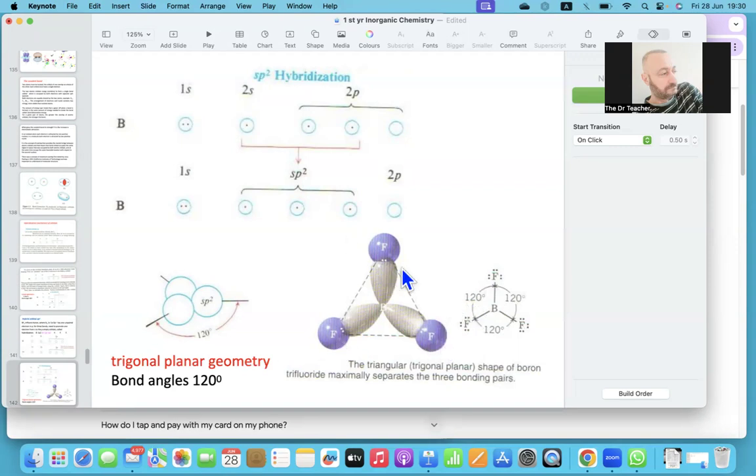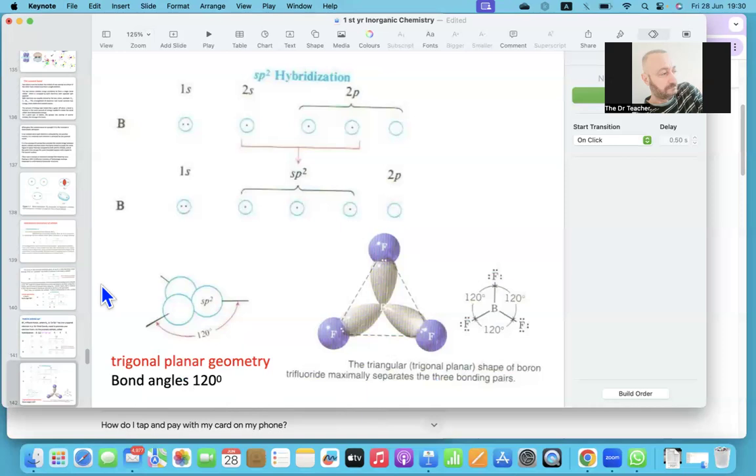This is it, a triangular or trigonal planar shape of boron trifluoride. So it's important to memorize the bond angles for each. One of them is 120 degrees, and the hybridization for BF3 is sp2.